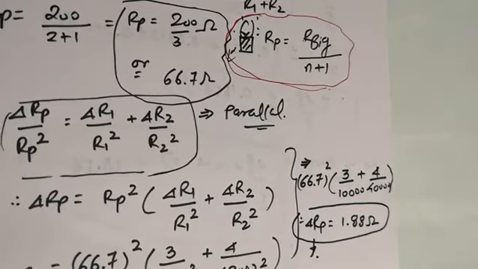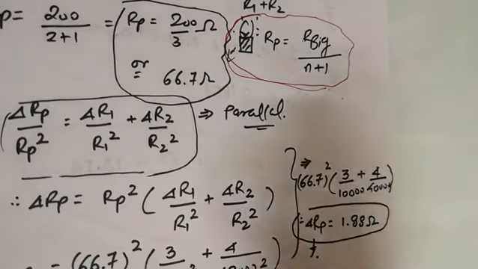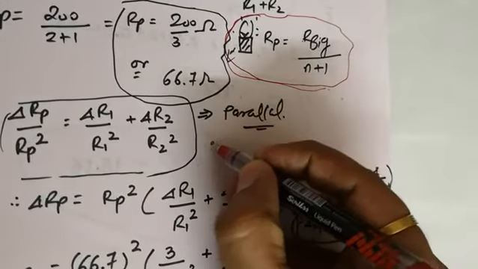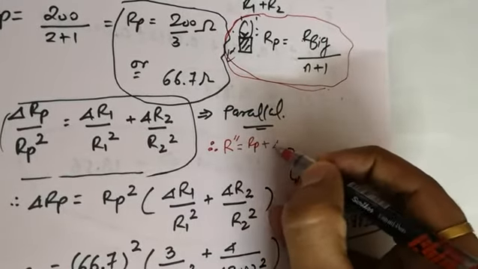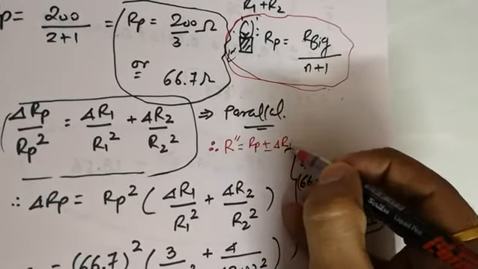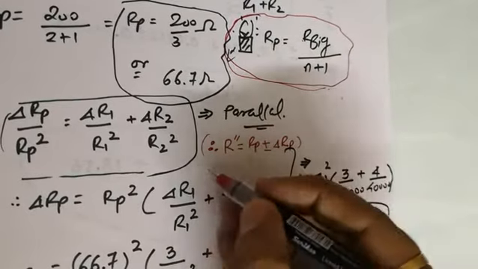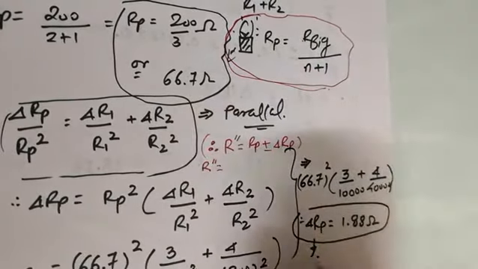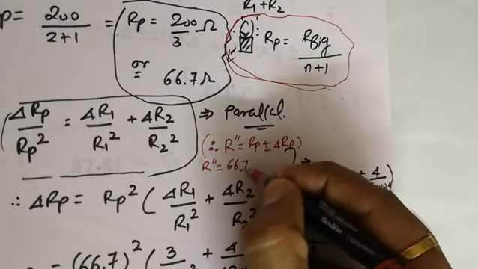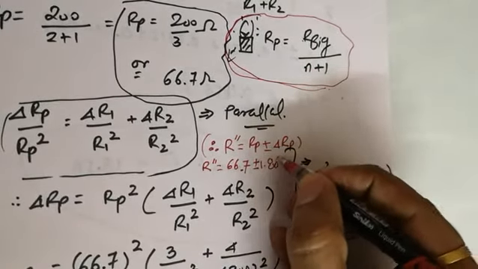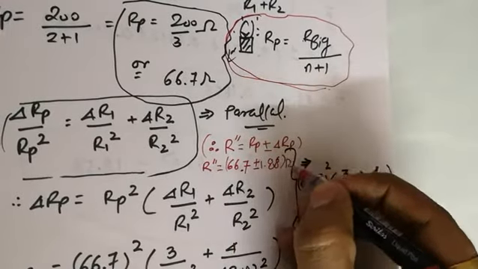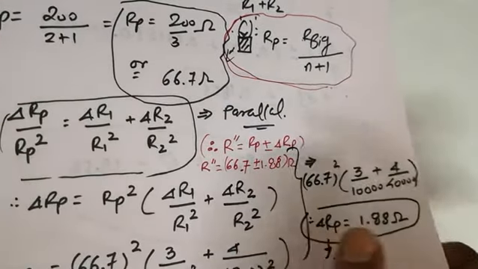Now I want to show it in terms of our gradual representation. I am putting R double dash equals R parallel plus or minus delta R of parallel. So R of parallel is 66.7 and delta Rp is 1.88 ohms. So these are the classic examples.